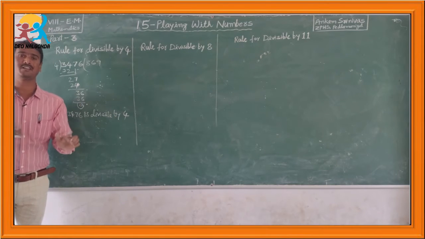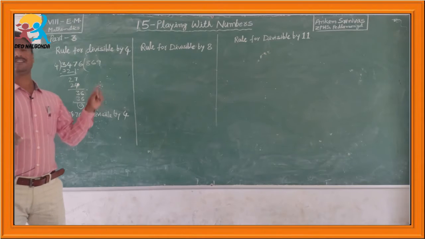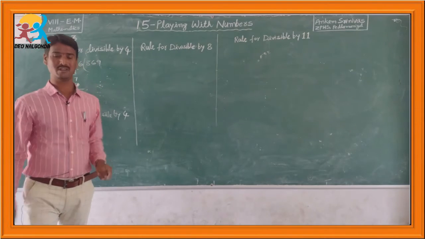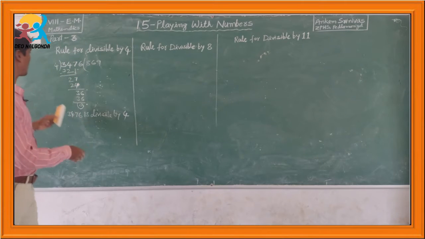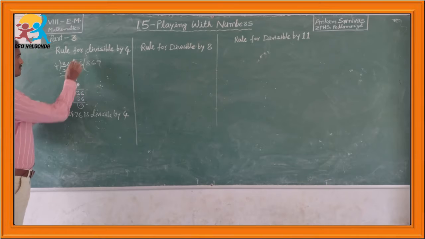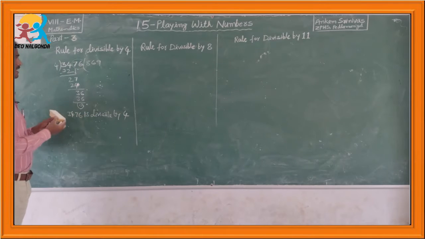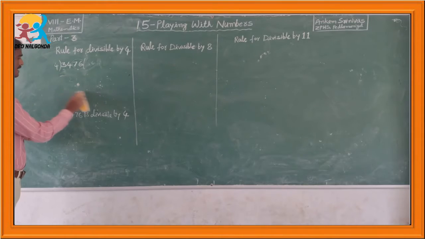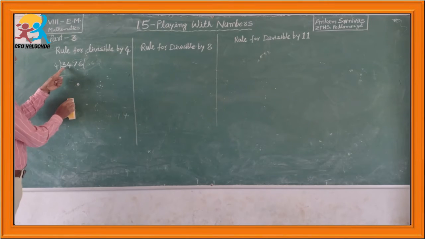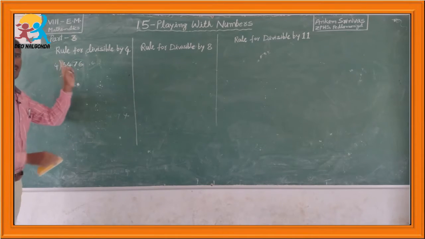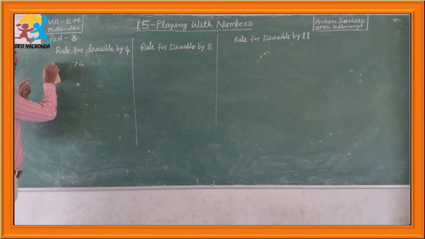Without doing actual division, how to find whether a given number is divisible by 4 or not? Very simple. Let's take the last 2 digits. 76 is divisible by 4. So suppose I change the number like this: the last 2 digits I am keeping as it is, and the remaining digits before I am changing.